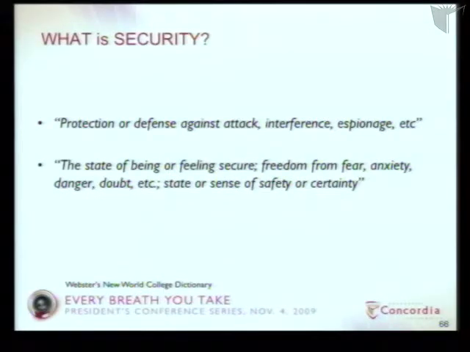First of all, let me start with a simple definition of security: the protection or defense against attack, interference, espionage. The state of being or feeling secure, freedom from fear, anxiety, danger, doubt, a sense of safety or certainty. A concern for security has historically ranged from national defense to peace and tranquility in our streets and issues of law and order.